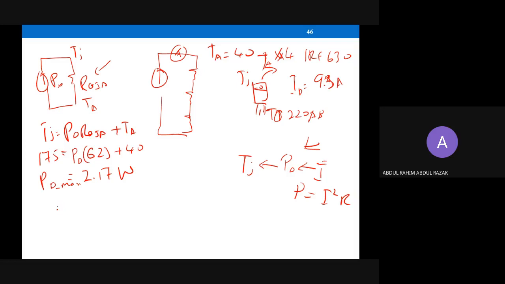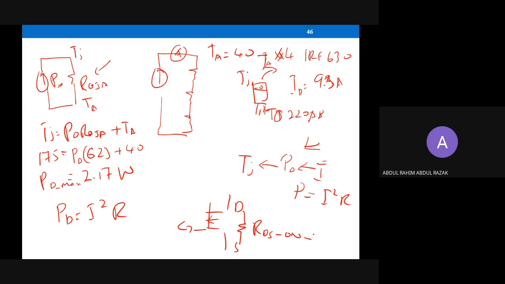PD is equal to I squared R. This is your MOSFET, with drain, source, and here is your gate. When you operate from drain to source and switch on, there will be a resistance, your RDS on, during the on state, and RDS on depends on temperature.